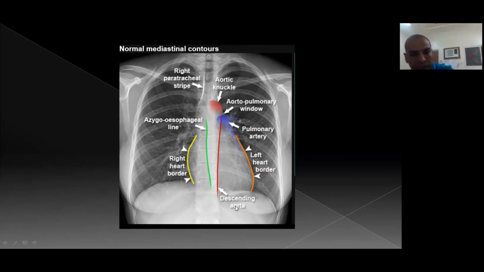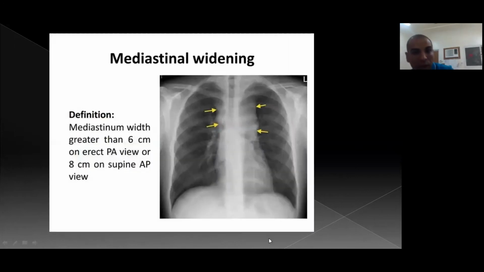To make it easy for you, look for the most important parts. Mediastinal widening means a mediastinal width greater than 6 centimeters on erect PA or 8 centimeters on supine AP. I need you to concentrate on this one because actually we have some missed cases.